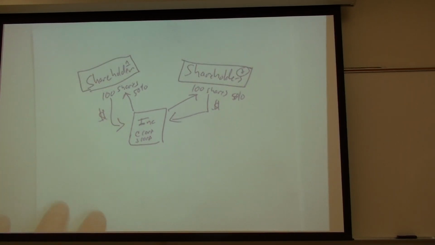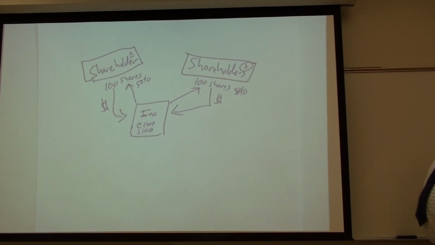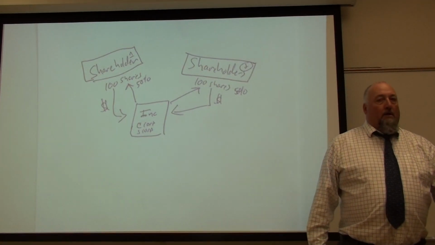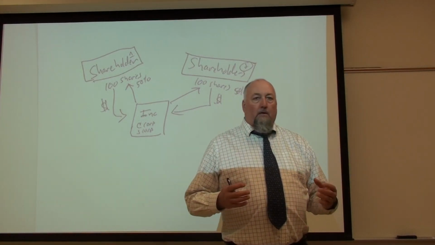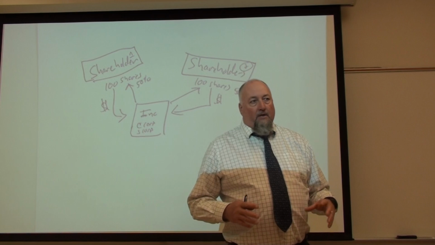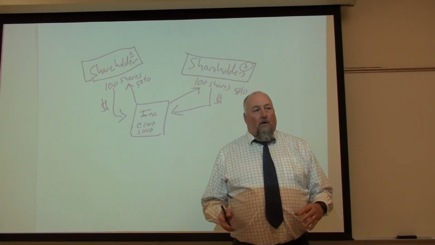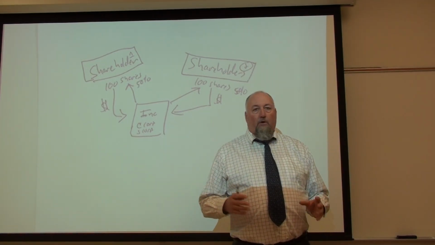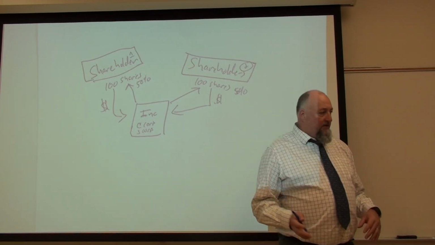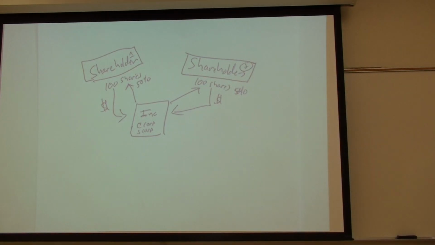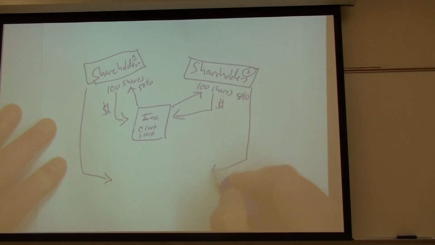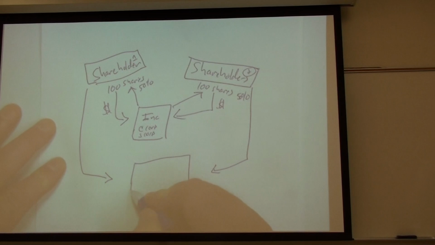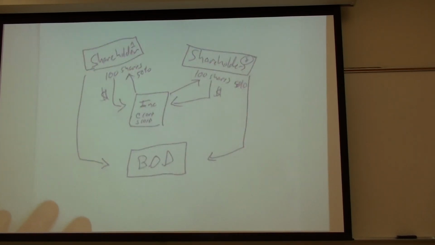As a shareholder, from a management standpoint, a shareholder only really has one area of management themselves, and that is to vote on the board of directors, to vote who will be on the board of directors.